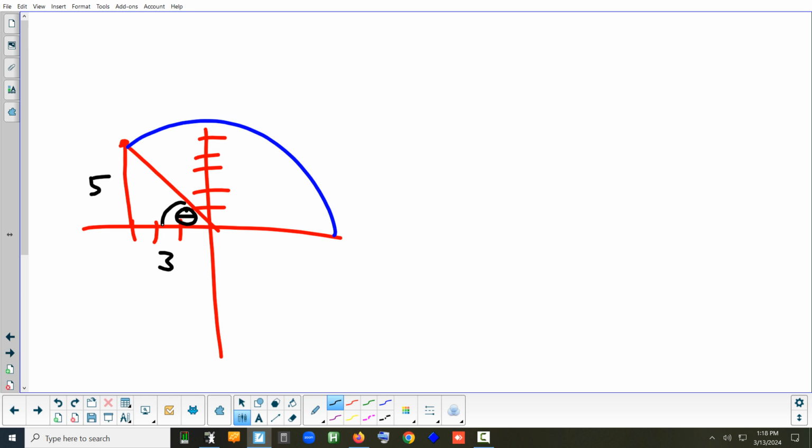Or let's try the formula we already have. What's the formula we're using right now? Inverse tangent of y over x. Let's just try the same formula and see what happens. What's y in this case? 5. Now what's x?